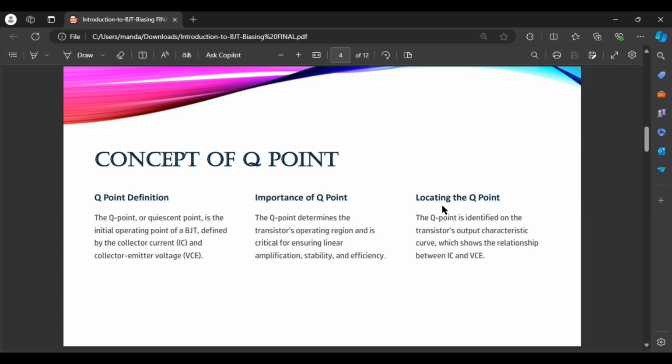Importance of Q point: the Q point determines the transistor's operating region and is critical for ensuring linear amplification, stability, and efficiency. Location: the Q point is defined on the transistor output characteristic curve, which shows the relationship between IC and VCE.